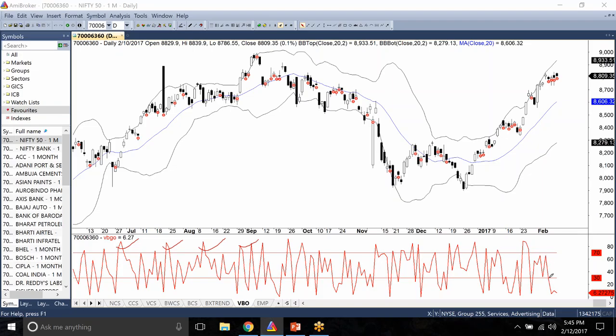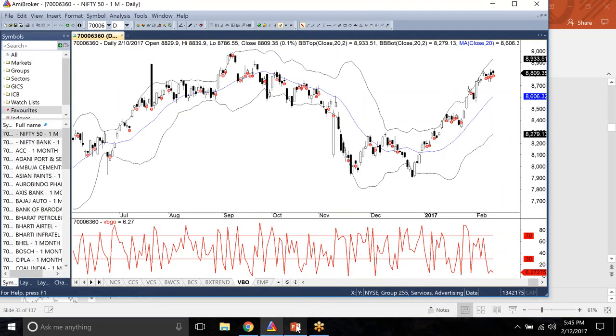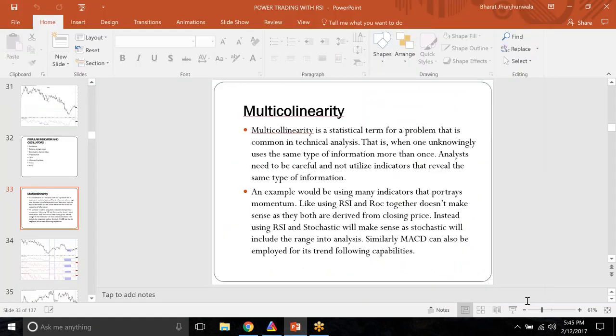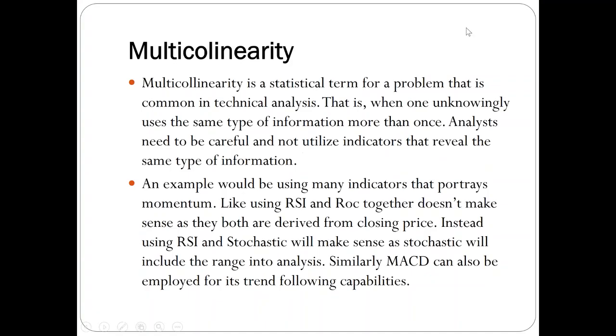You can see that it tells me the volatility of Nifty is now very low because it is below 30. This is outside the purview of this course. This is very advanced stuff, and it is a proprietary thing that cannot be disclosed to anybody.